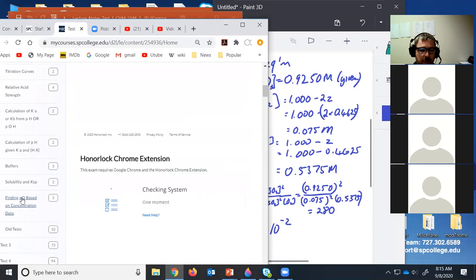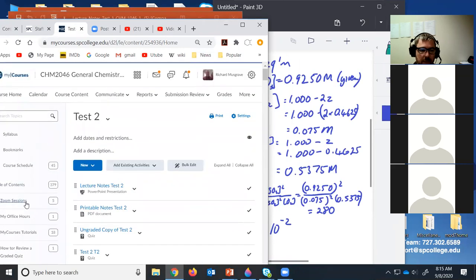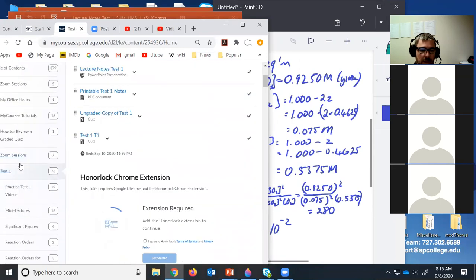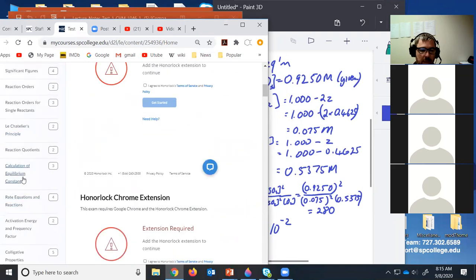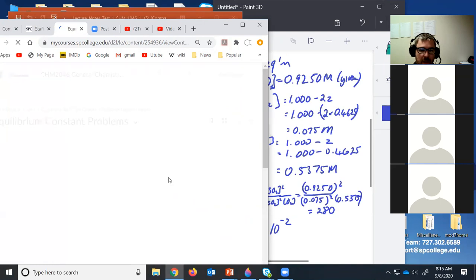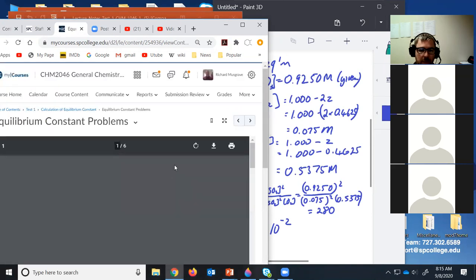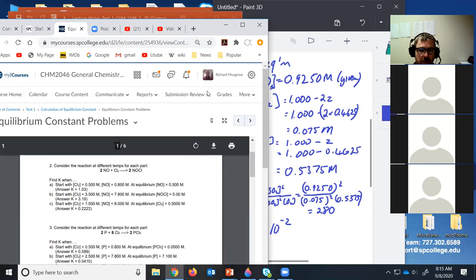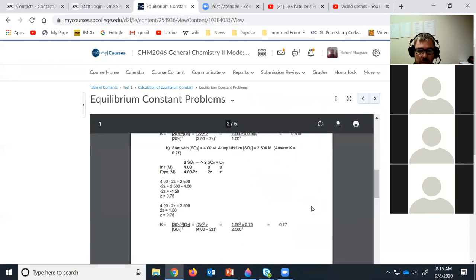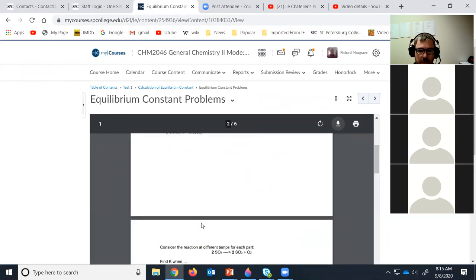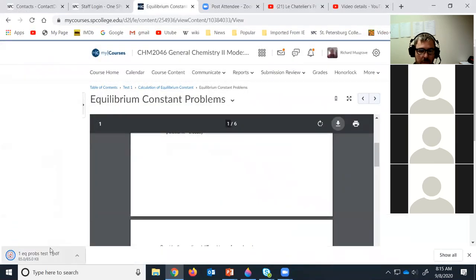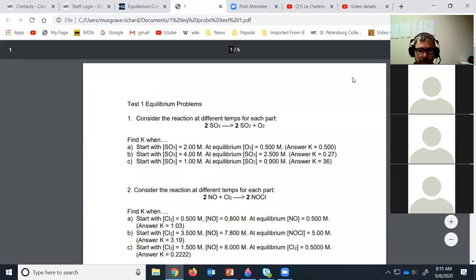It's in the calculation of equilibrium constant folder, and it's this file here, equilibrium constant problems. Let's download it.